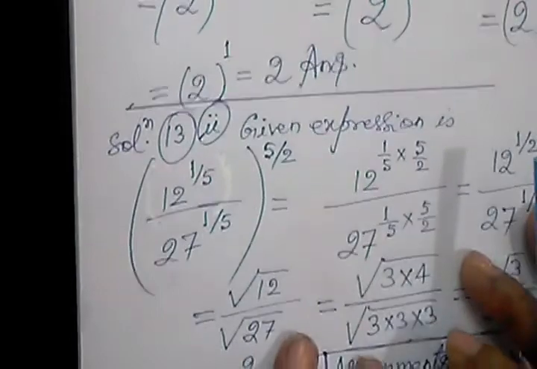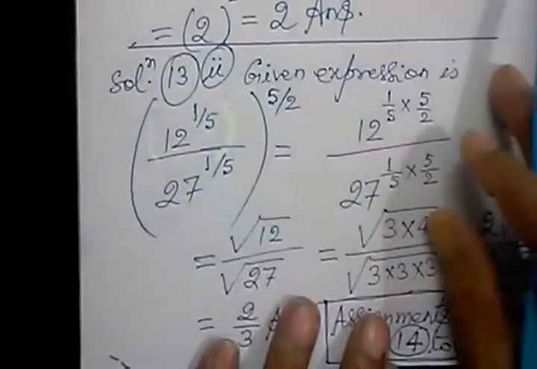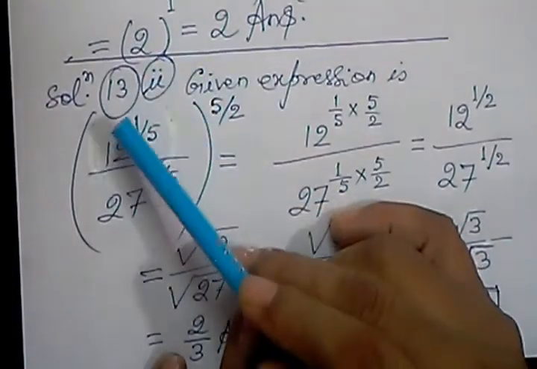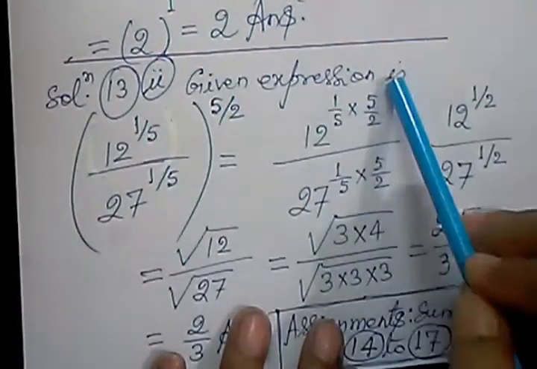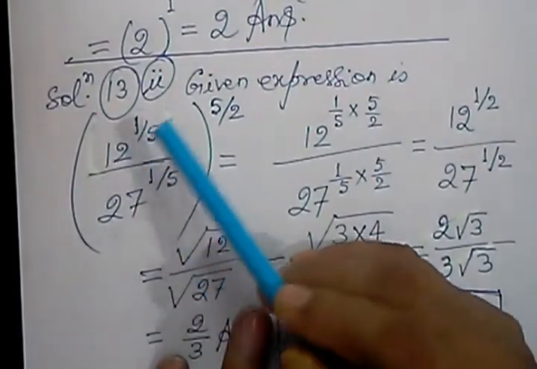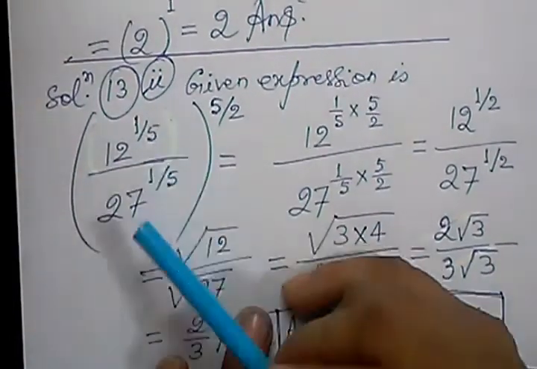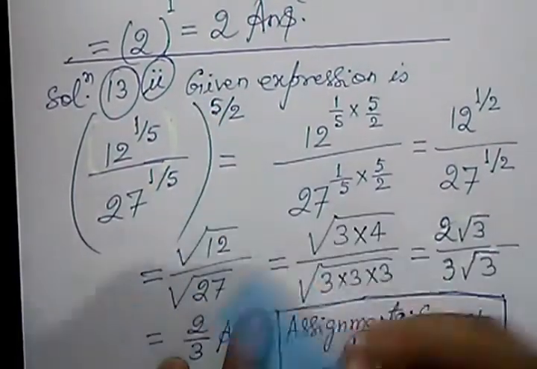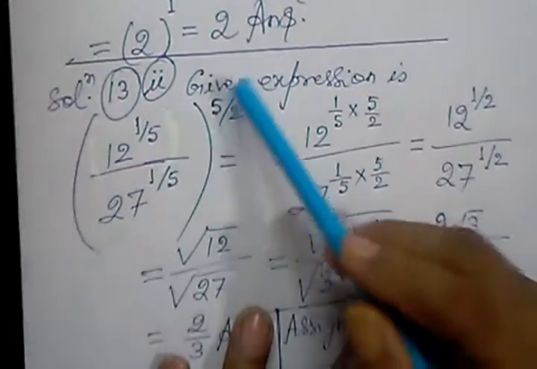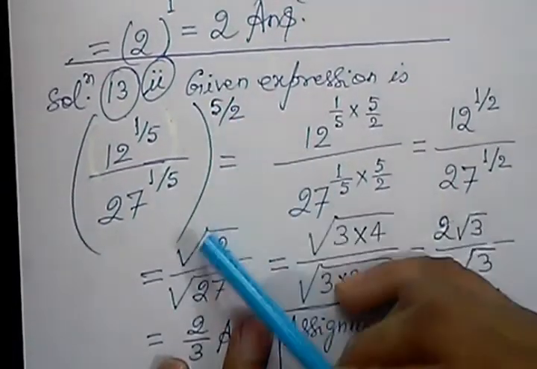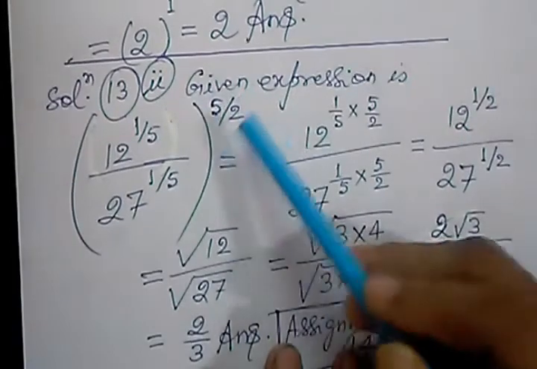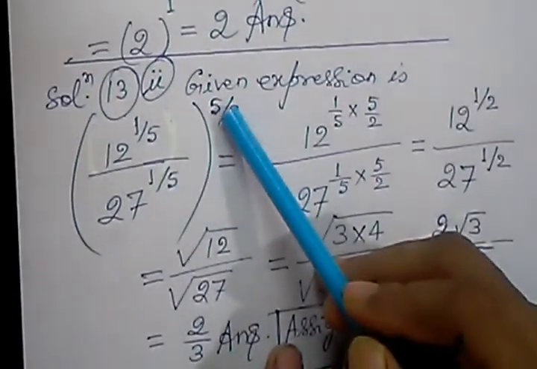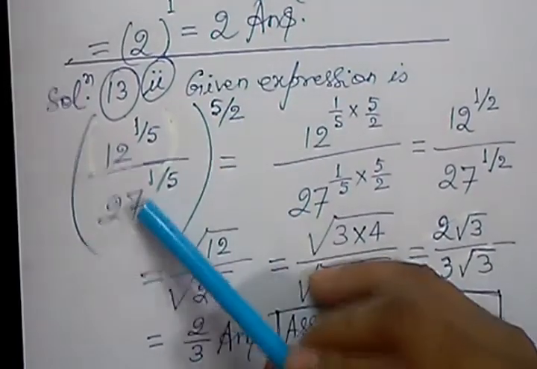Now coming to the next sum, that is sum number 13, the second sum of 13. Here the given expression is 12 to the power 1 upon 5 over 27 to the power 1 upon 5, and the whole quantity having the power 5 upon 2. Since this power 5 upon 2 is on both, it will be distributed on numerator as well as denominator.